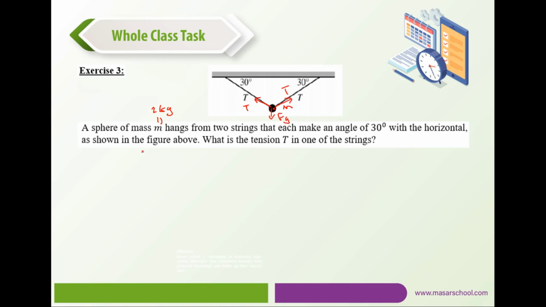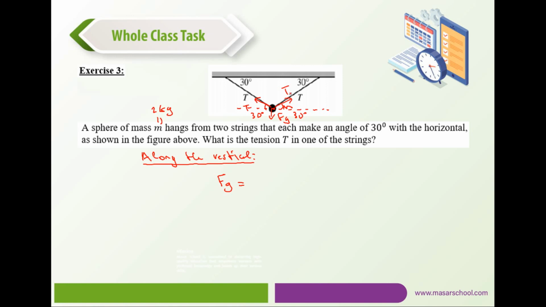So along the vertical, we can say the pull of gravity which is down is being balanced by the vertical component of these 2 tensions. So if this is 30 degrees, let me draw here a horizontal, then that would be 30 degrees, and that would be 30 degrees.